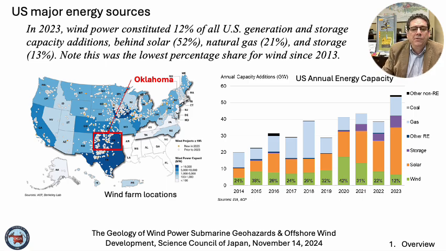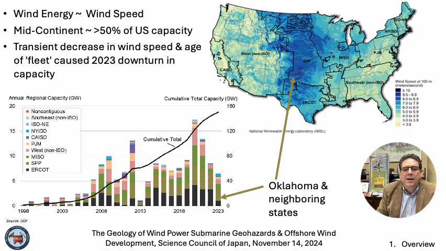But you can see how they're distributed in the U.S. The dots on the left represent wind farm locations throughout the U.S. And the reason we have those distributions of wind turbine placement is because of the wind. We see along the mid-continent, going from Texas north through Oklahoma and other areas, the highest wind speeds.